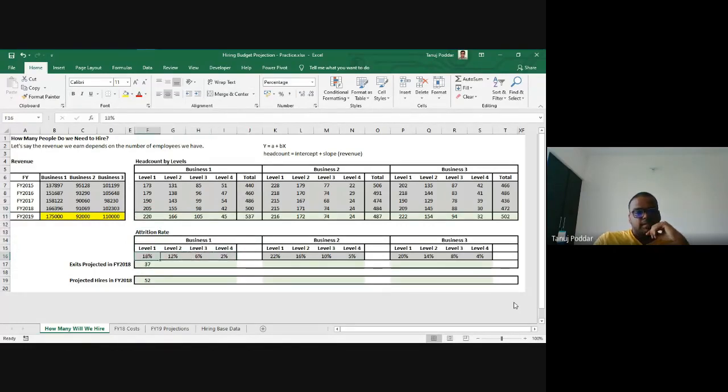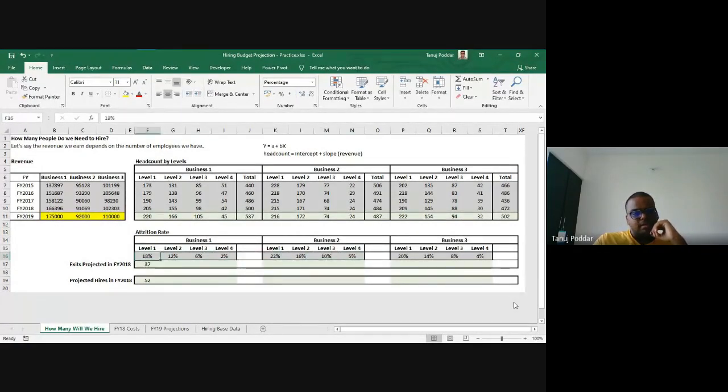So I've given dummy numbers out here, which basically say what the attrition rate looks like, right? So for level one in business one, the attrition rate is say 18%. In level two business one, it is about 12%, and so on and so forth.